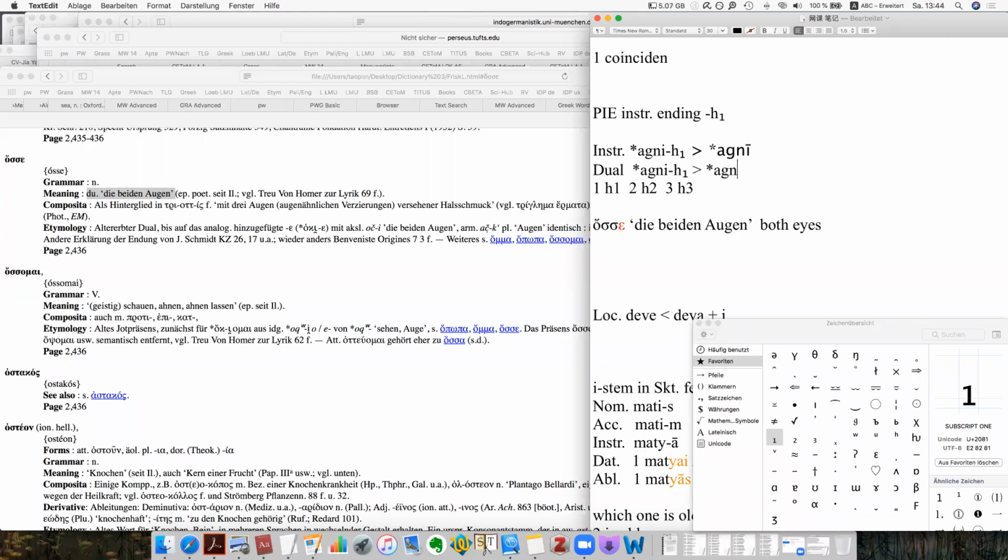So they are the same. 哦，没关系，我知道的。Okay. So actually, the dual is the same as the instrumental. In this case, the ancient people just wanted to distinguish the two forms.